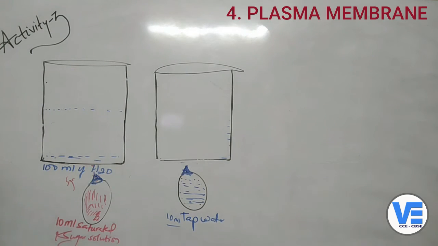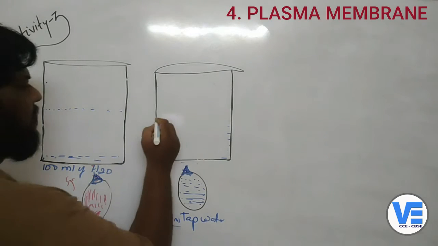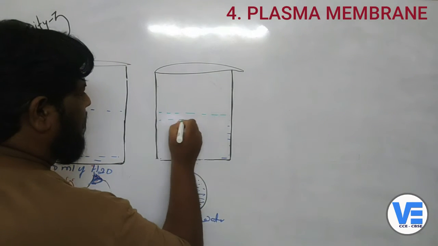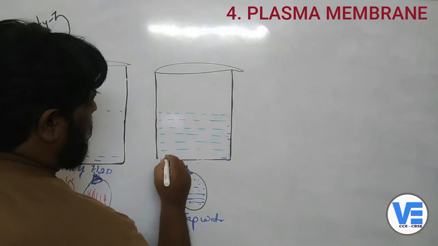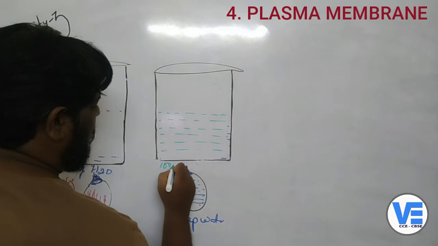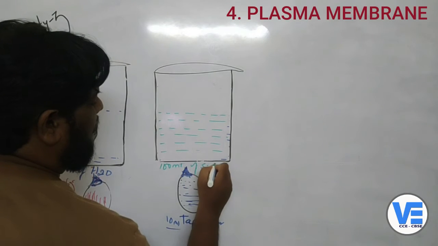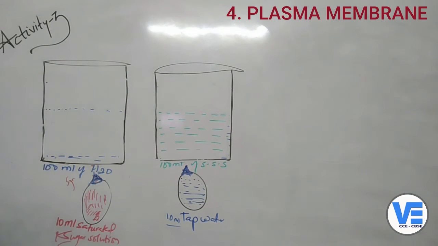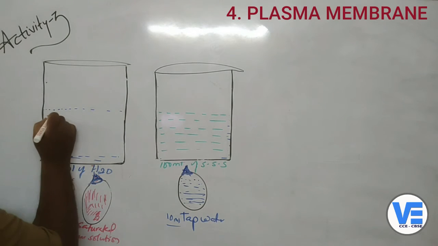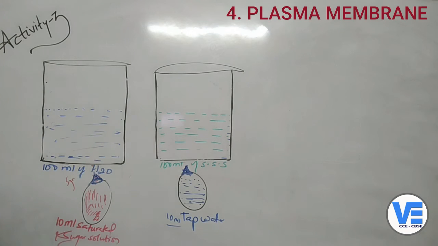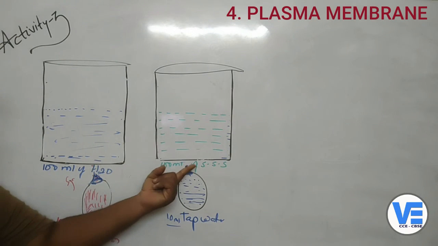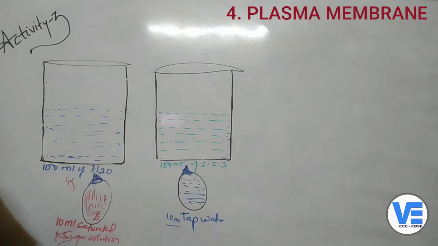And in the second beaker, I am taking the same 100 ml of saturated sugar solution. So in the first beaker I have taken just 100 ml of water, and in the second beaker I have taken 100 ml of saturated sugar solution, that is concentrated sugar solution.